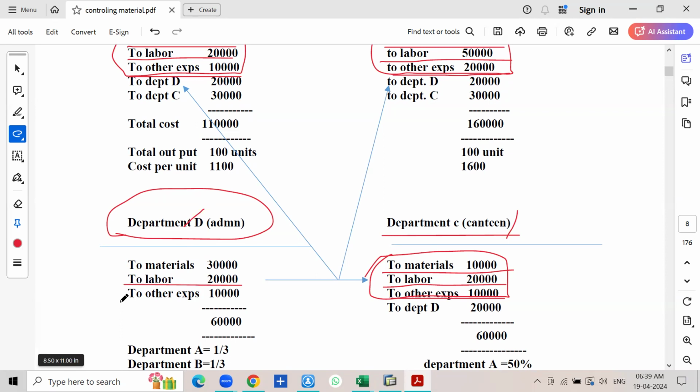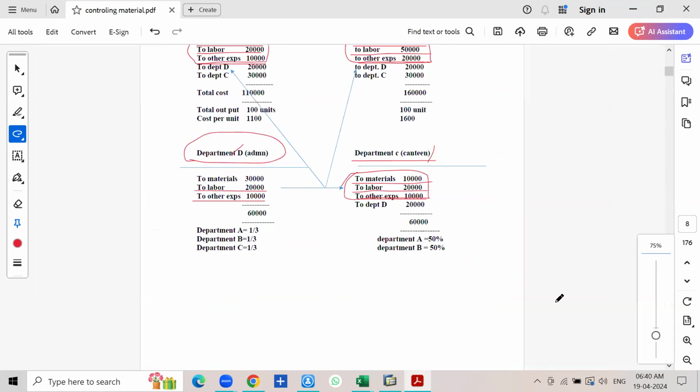And there are some other expenses directly incurred relating to department D only. That is direct expenditure. To other expenses, 10,000.